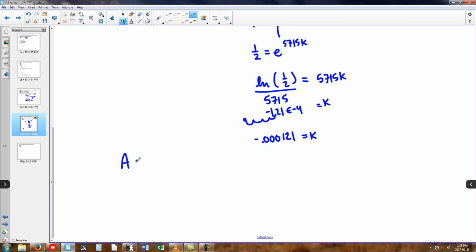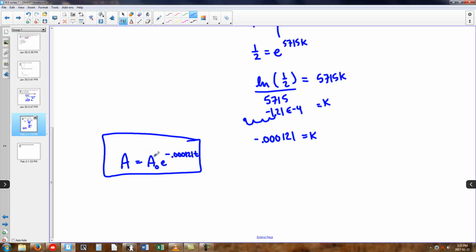We now have a model that says the amount we have left of carbon-14 is the initial amount times e to the negative 0.000121t. So we've built ourselves a model, and if we wanted to go back and find what it would be for different time frames, or at what point we would have different percentages, just like we used 1/2, we can do the same thing here.